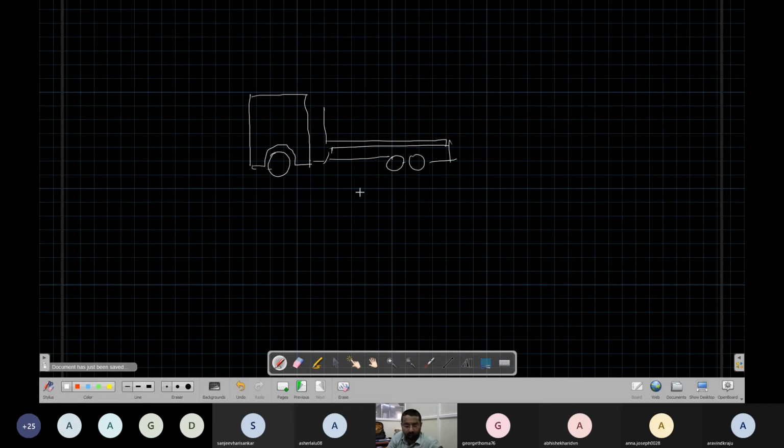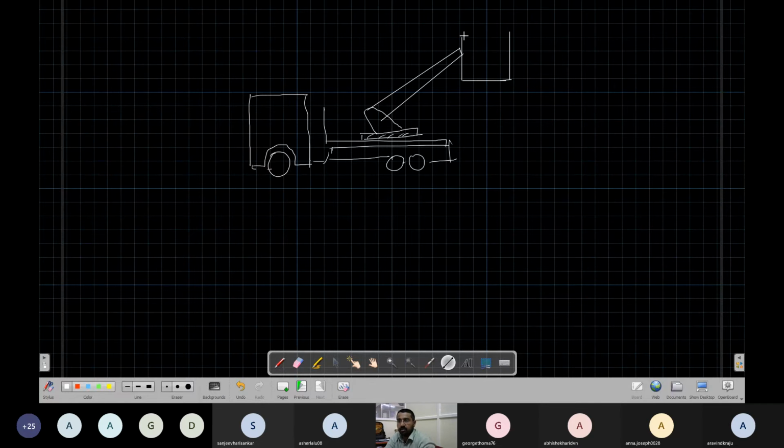Okay, so there could be something like this. The platform down. Then something like this will be there. Then you have an arrow like this. Then to this arrow, there's a basket.